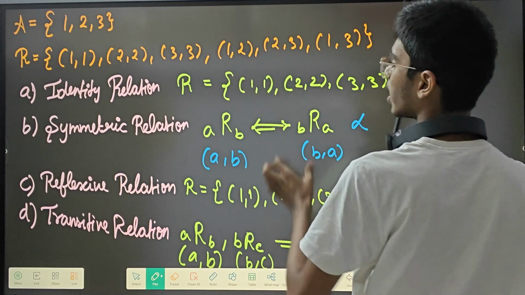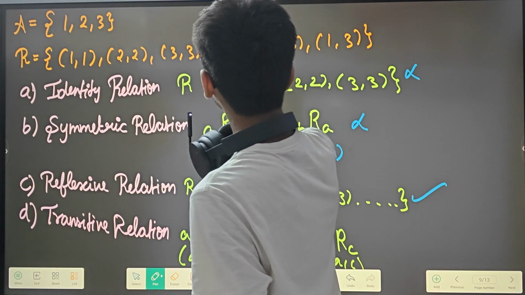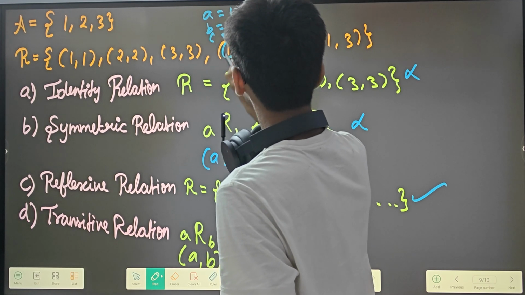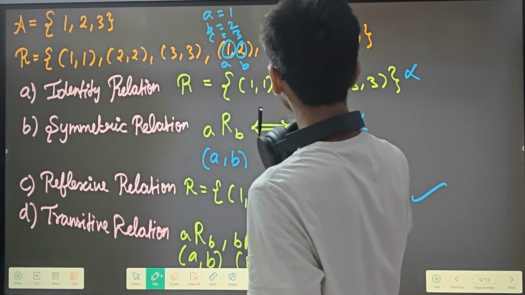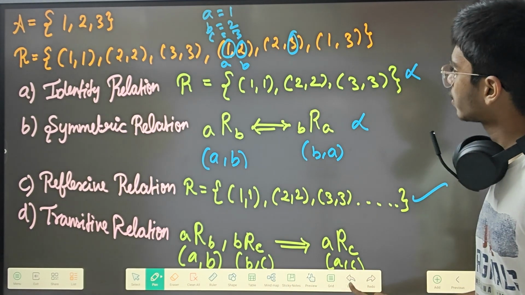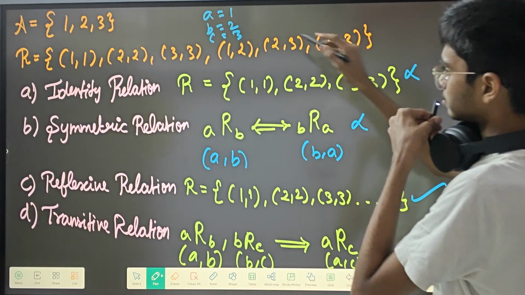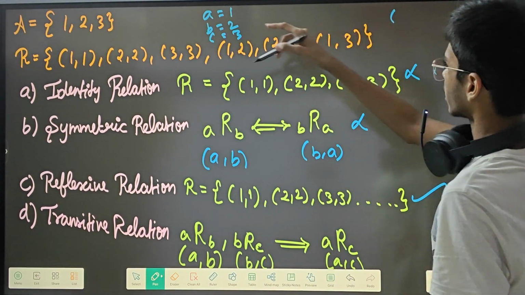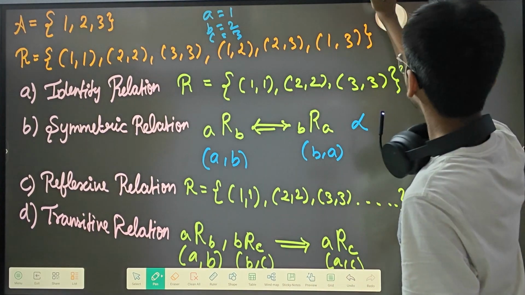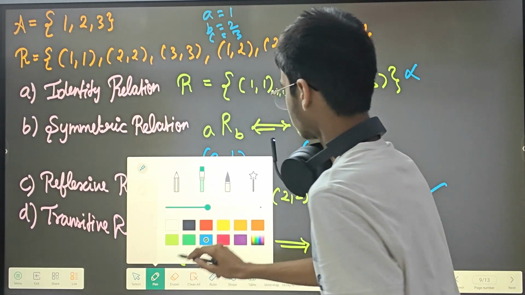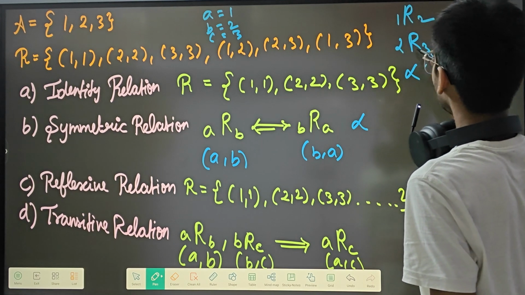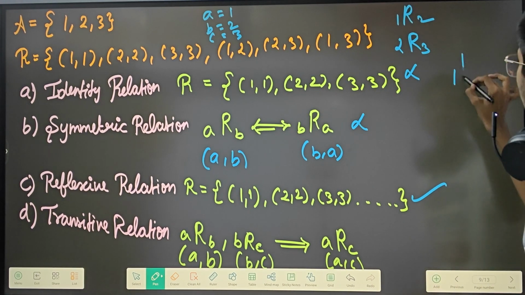So you have 1, 2. Let A be 1, B be 2, and C be 3. So this will be A, this will be B, this will be C. Now what you have to check is A comma B. See, 1 comma 2 is there, that means 1 is related to 2, and then 2 is related to 3, and also you can see that 1 is related to 3.